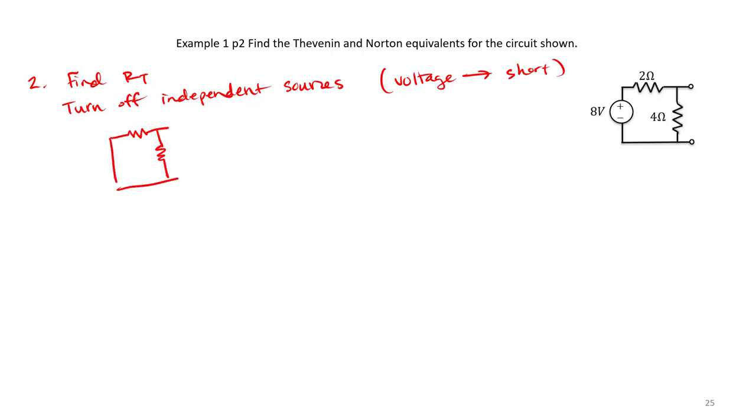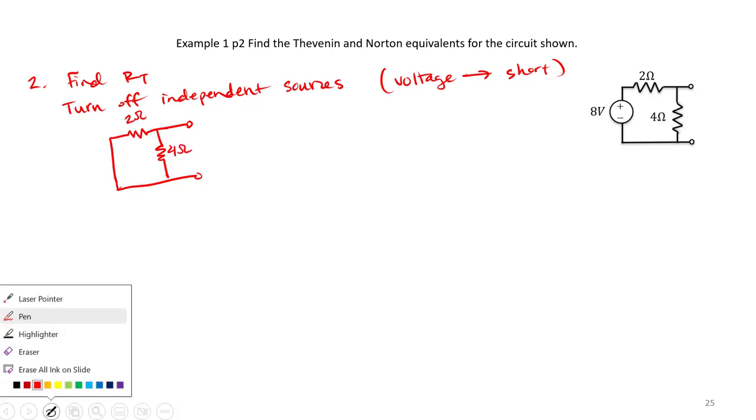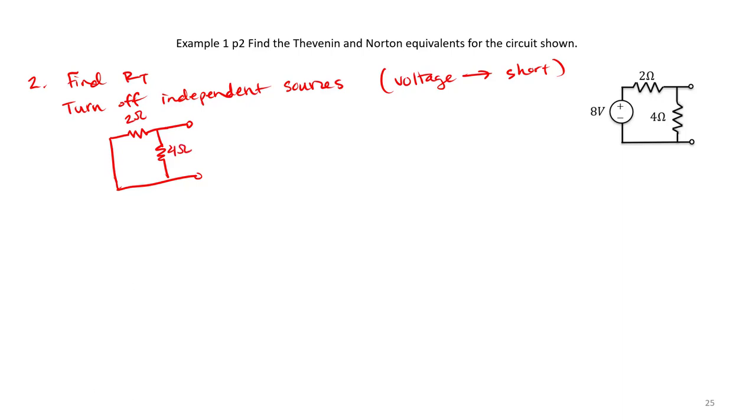Everything else remains the same. So we still have a 2 ohm resistor up top and a 4 ohm resistor down below. Then we need to find the resistance when walking from A to B.